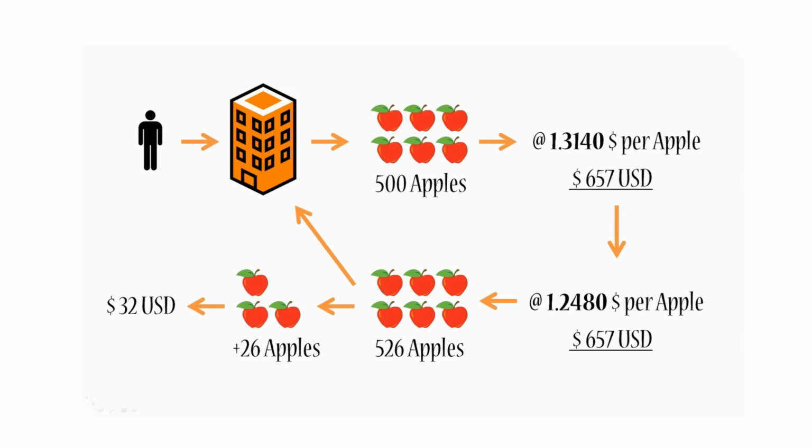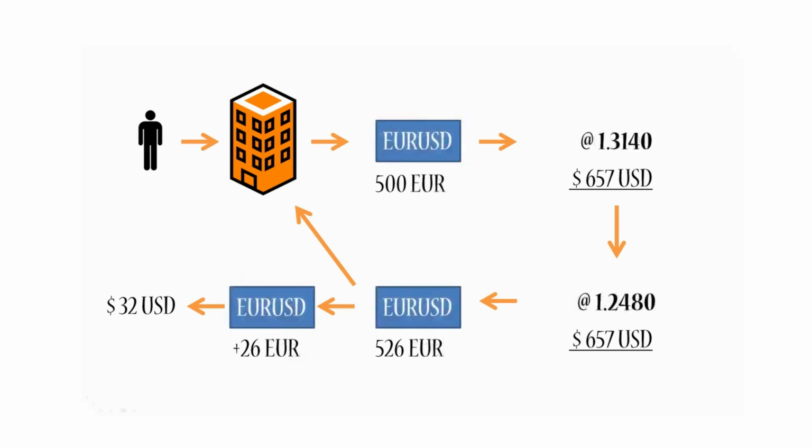Now, if we replace apples with euros as we did previously, you will see that nothing changes. This whole scheme works also for euros just as it did for apples. You go to your broker, you borrow 500 euros, you sell them at 1.3140 for 657 US dollars. You hold on to your 657 US dollars until the price for euros drops.